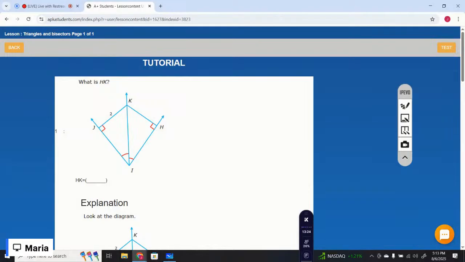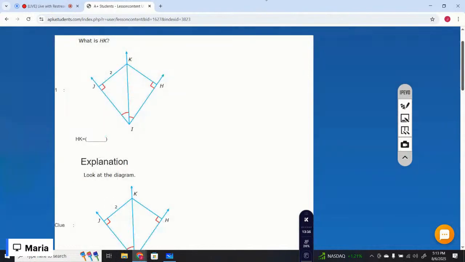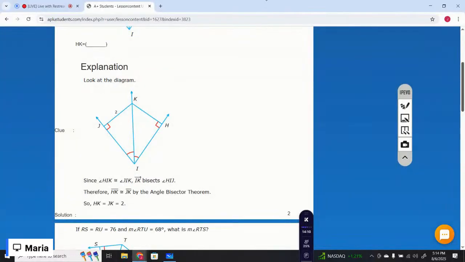What is HK? So triangle HIK is similar to triangle JIK and IK bisects angle HIJ.